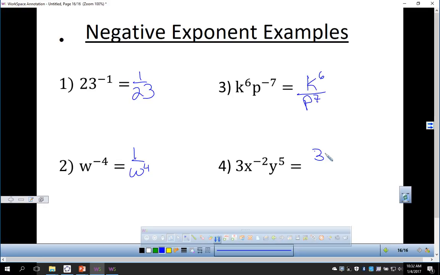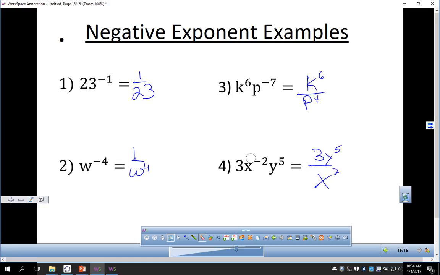The 3 stays up top. 3y to the 5 over x squared. Okay? So you just bring the negative downstairs and make it positive. Okay? Yes? No? Maybe?